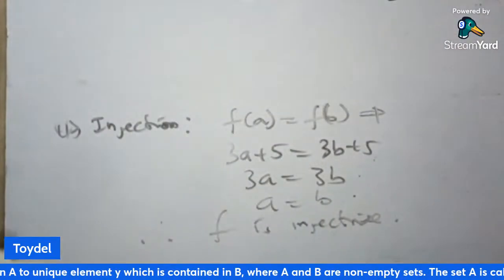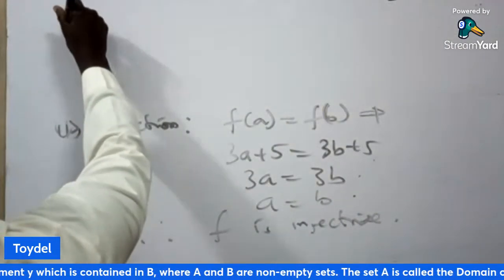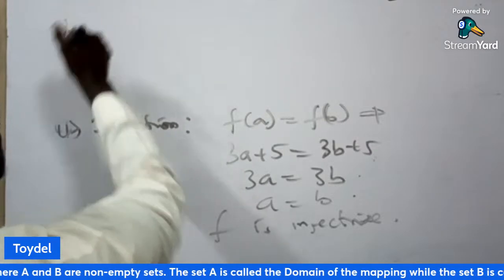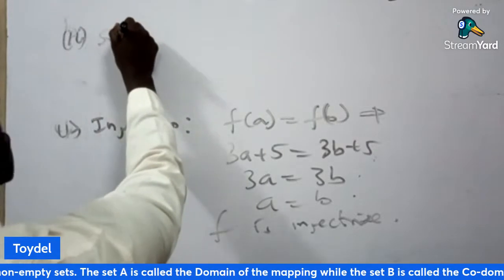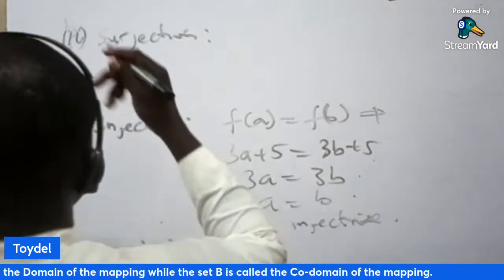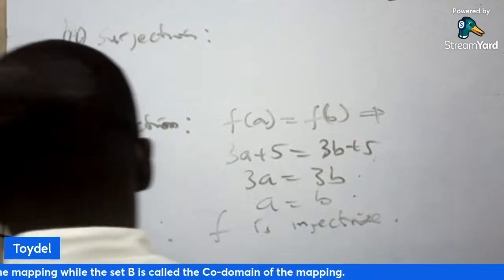The second condition that we check is surjection. That is, we want to show that the mapping is onto.